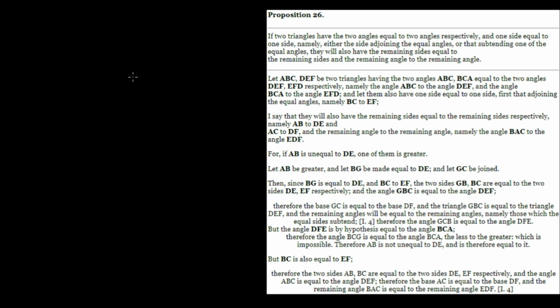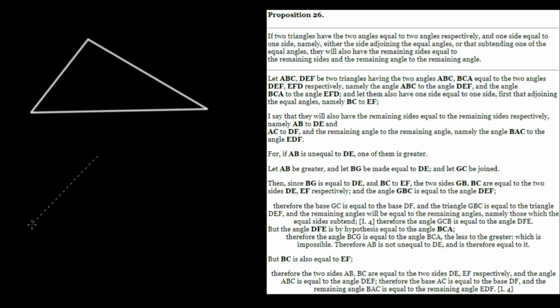Let ABC and DEF be two triangles having the two angles ABC and BCA equal to the two angles DEF and EFD respectively. Let's draw all this out. So let's say this is our first triangle. That's going to be ABC.